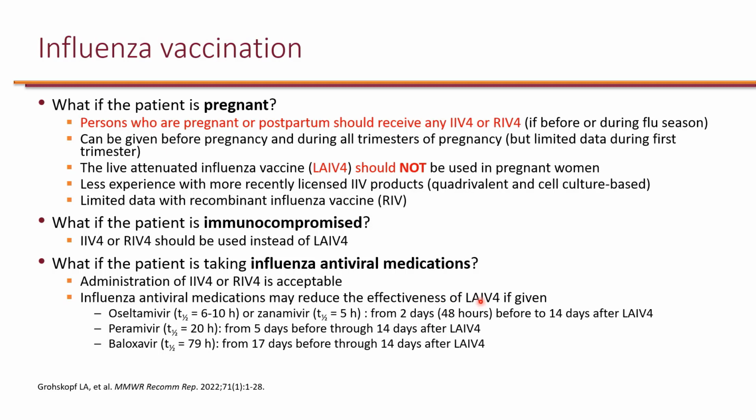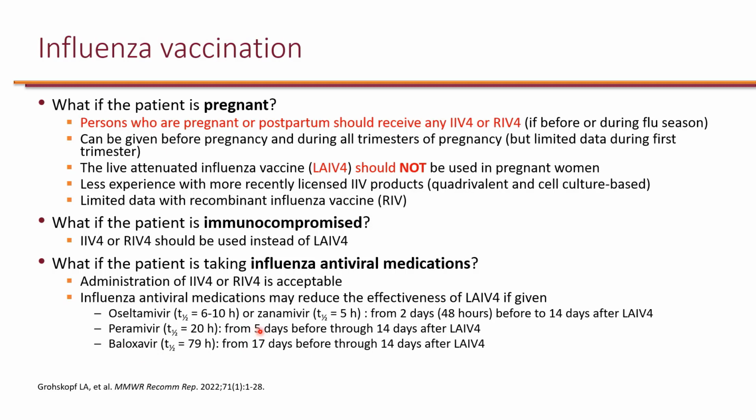And then once vaccination is given, they should wait at least 14 days before they can receive, for whatever indication, another dose of oseltamivir. And the same concept applies to Peramivir and Baloxavir, but the timing is different.